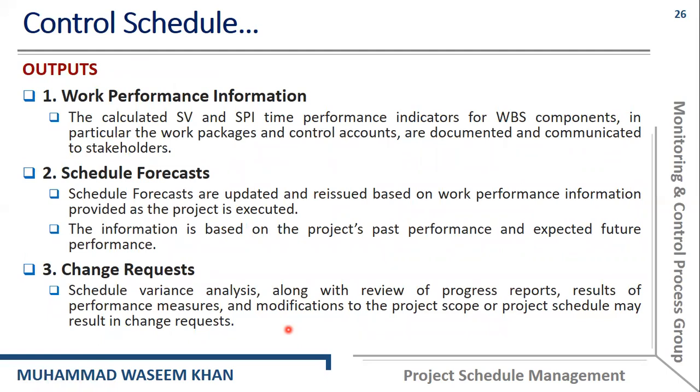The outputs that we will achieve in control schedule begin with the work performance information. Obviously, we will achieve the work performance information using the schedule variance and schedule performance indicator measurements for work breakdown structure components, in particular the work packages and planning accounts. Then the schedule forecasts.